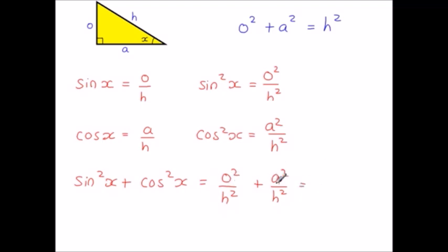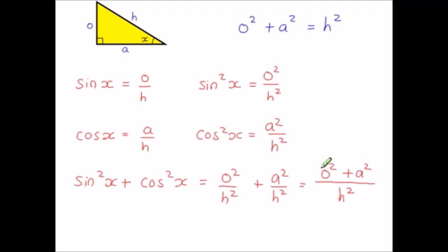And we have two fractions with the same denominator, which means we can write everything like this, using that common denominator. And looking up here, O squared plus A squared is equal to H squared.